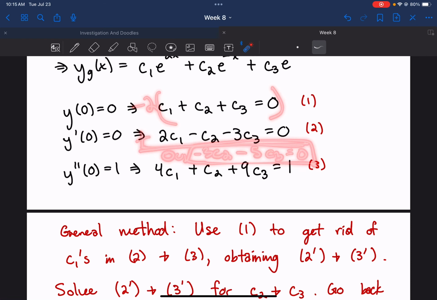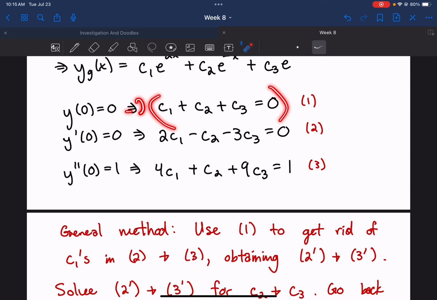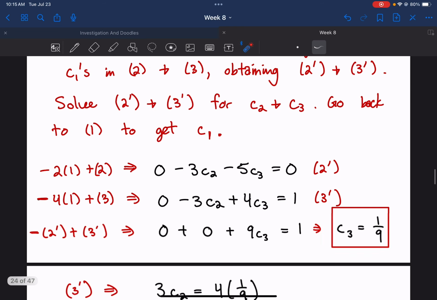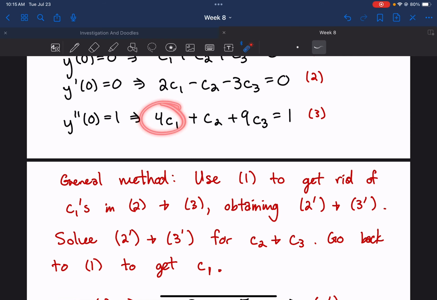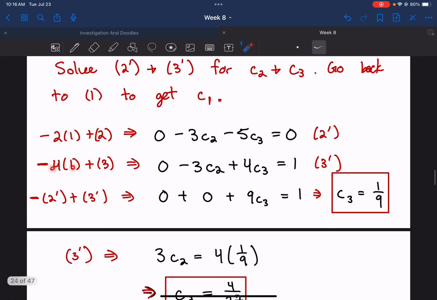So I'm going to multiply equation 1 by negative 2. Negative 2 times equation 1 plus equation 2 gives me this. This is my 2'. Again, I'm going to try to eliminate the c1s. Negative 4 times equation 1 plus equation 3 gives me this 3'.